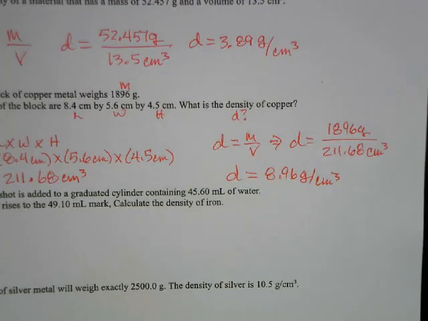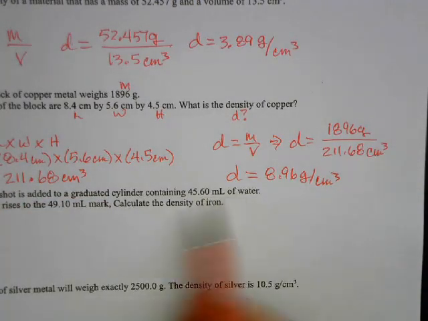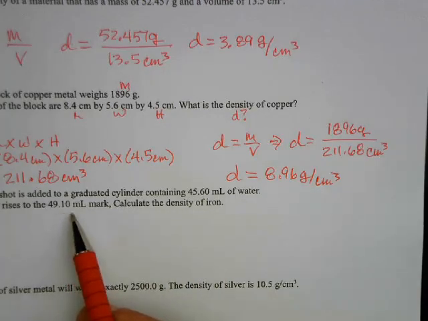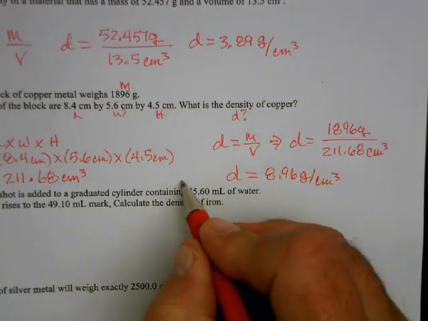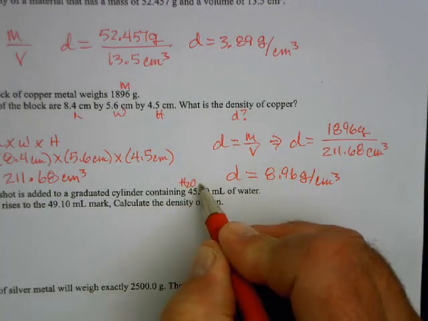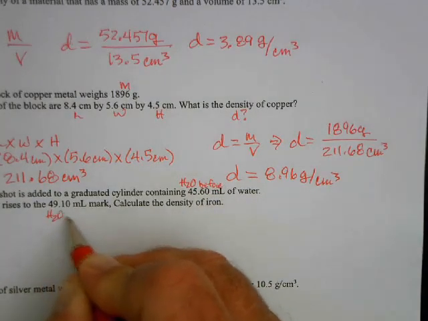In number 3, again, I don't seem to have everything I need. There's my grams, so that's my mass. But now I've got water, a couple of waters. It was at 45.6, it went to 49.2. This is kind of like a couple of our density labs, one with the rocks and one that you did with the metal cylinders. So I'm just going to label this as my H2O before and my H2O after.